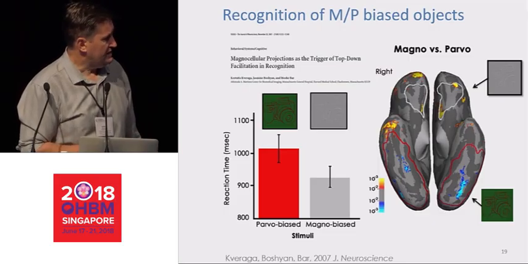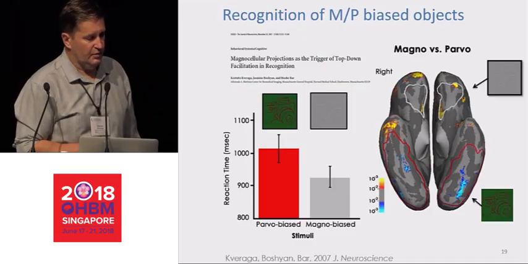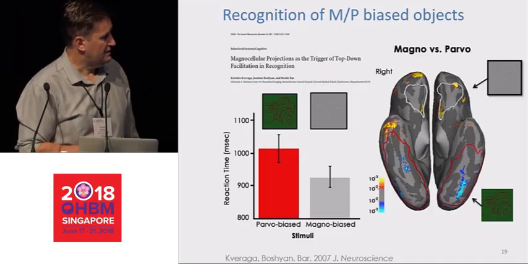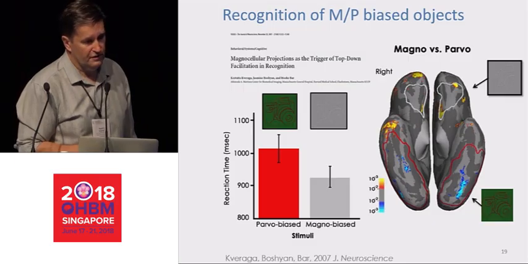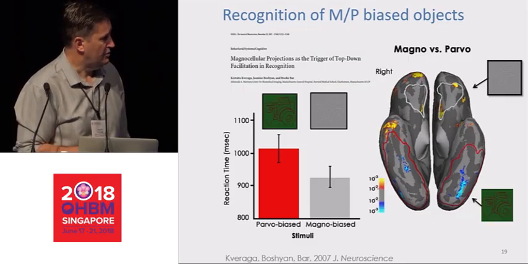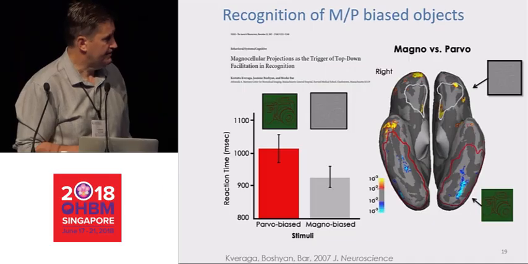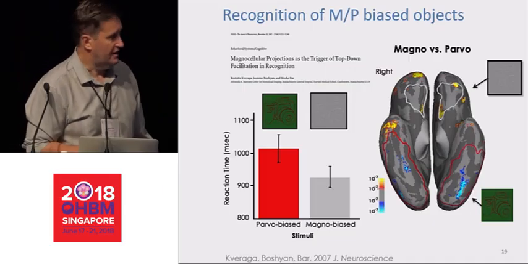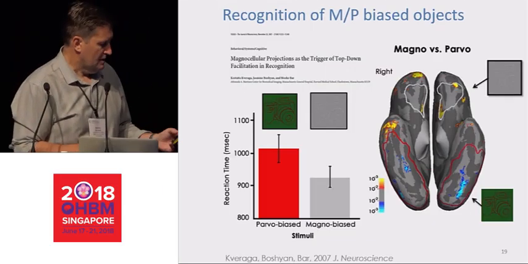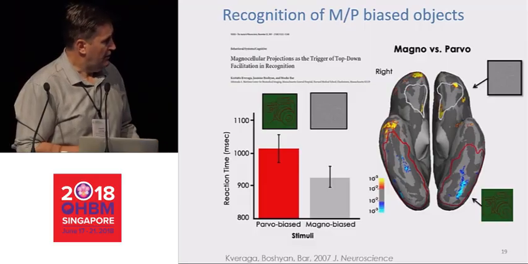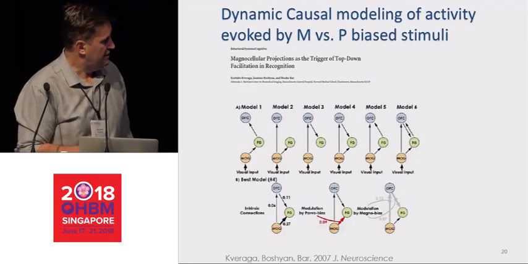And what we found was that the parvo-biased stimuli activated the ventral stream, shown in blue, and the magno-biased stimuli activated mostly the orbitofrontal cortex and anterior temporal lobe, and also some dorsal stream areas, and the amygdala, the right amygdala actually, which is not shown here. We did dynamic causal modeling, just briefly.